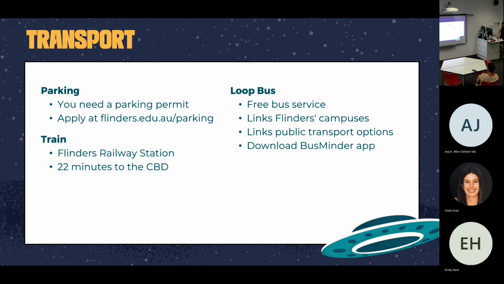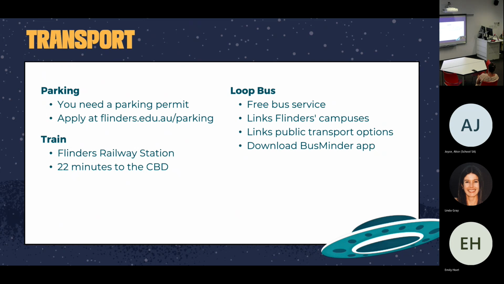Okay. Parking is free this week to help you transition into the university, but from next week you will need to pay to park. The only other time it's free is on public holidays, I think. So you'll need a parking permit. Alternatively, you can get the train to the New Flinders train station, and there's a loop bus that comes up here to the top of education and goes, as it says, in a loop.